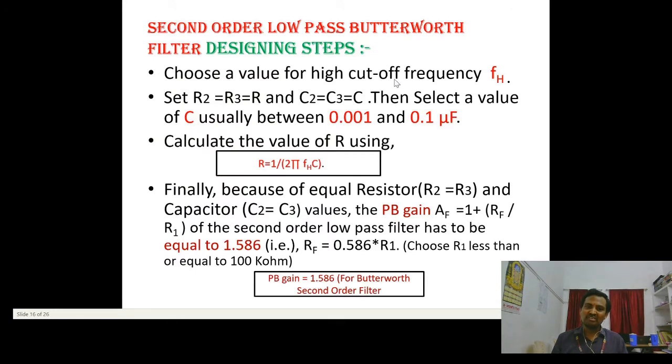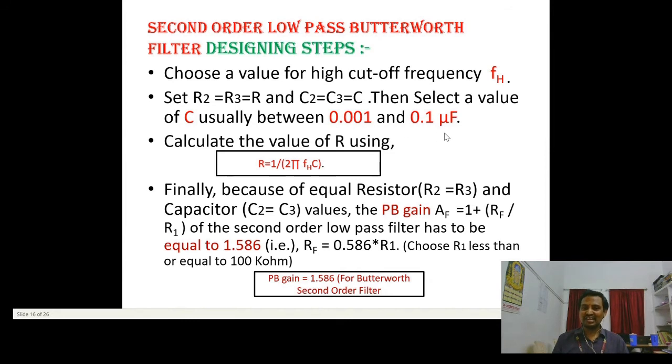First of all, choose the value of the higher cutoff frequency. Here also you choose the higher cutoff frequency, the same as in the first order. But the modification between the first order and second order is that here we set R2 equal to R3 equal to R and C2 equal to C3 equal to C. And select the value of C usually between 0.001 microfarad and 0.1 microfarad.